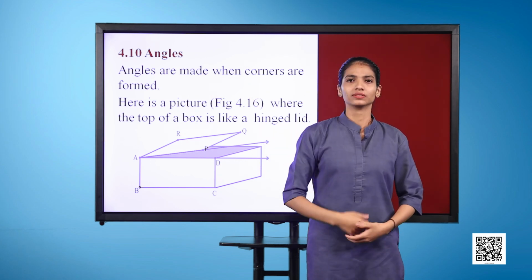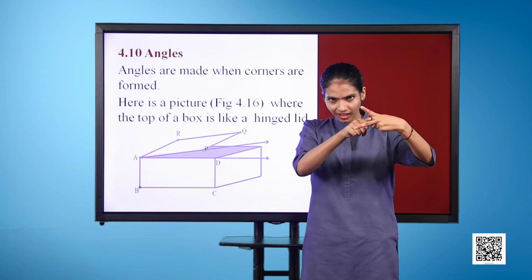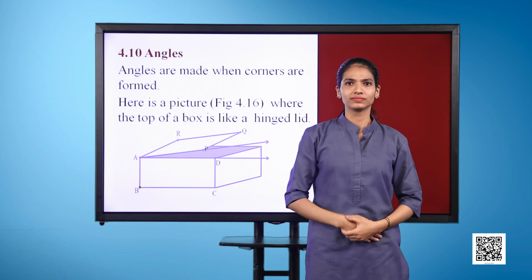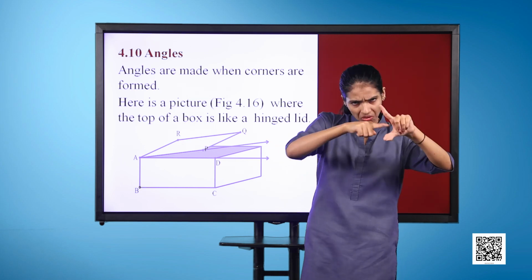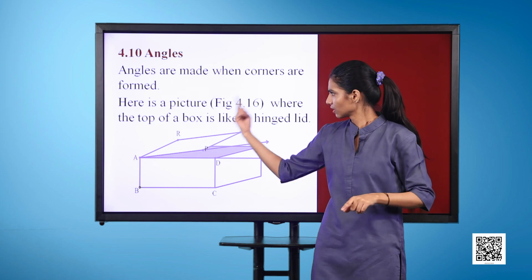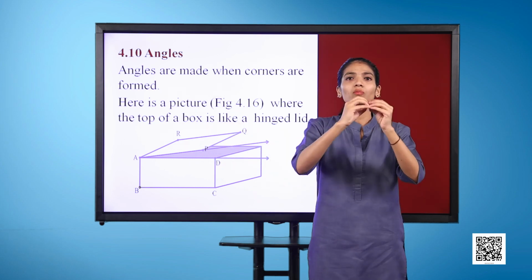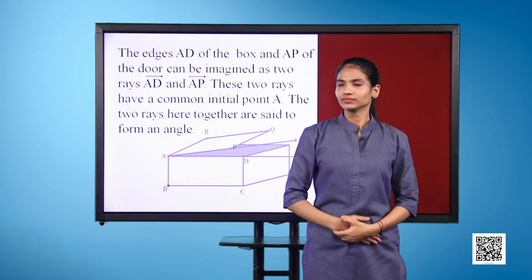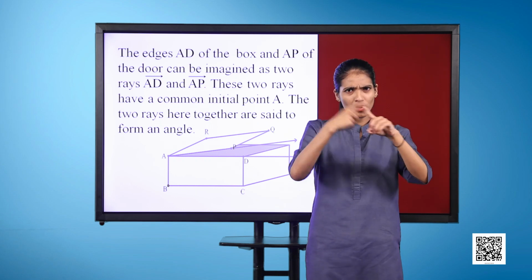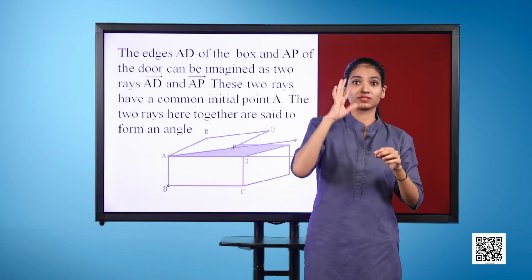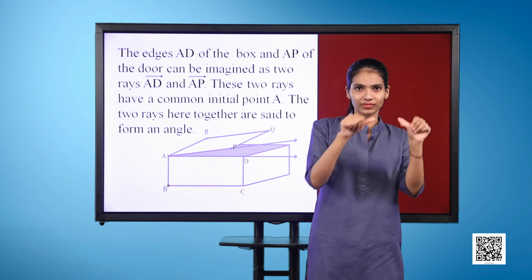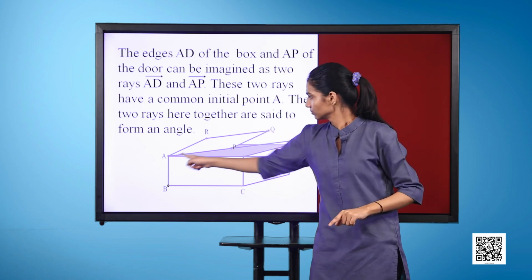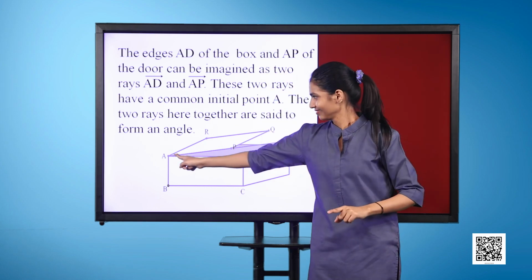(4.10) Angles. Angles are made when corners are formed. Here is a picture, figure 4.16, where the top of a box is like a hinged lid. The edges AD of the box and AP of the door can be imagined as two rays, AD and AP.